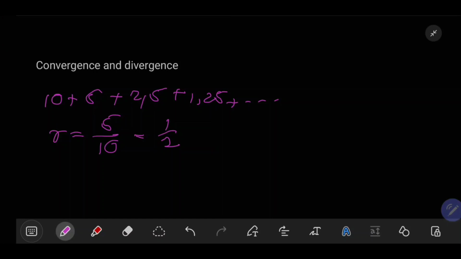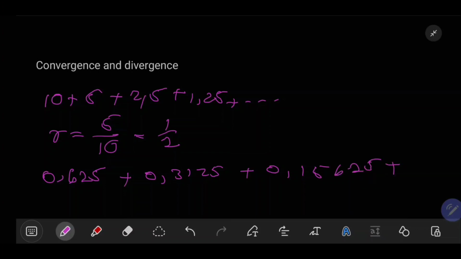So this series will converge, because notice that if we multiply this term by our ratio, our next term will be 0.625. Then we multiply this by our ratio, and we get 0.3125, plus when we multiply this by the ratio, we get 0.15625.